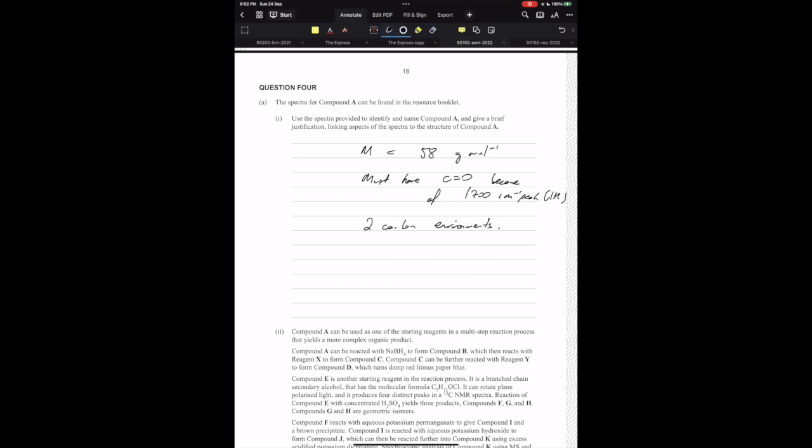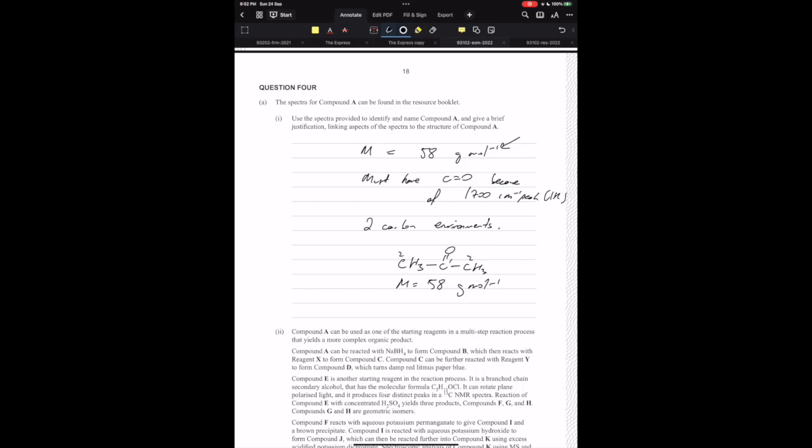So our last option is to consider a ketone. The molar mass for this is 58, which matches this data, and it also has two carbon environments. One here, one here, and two here.